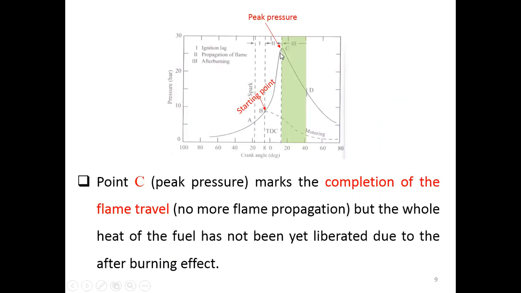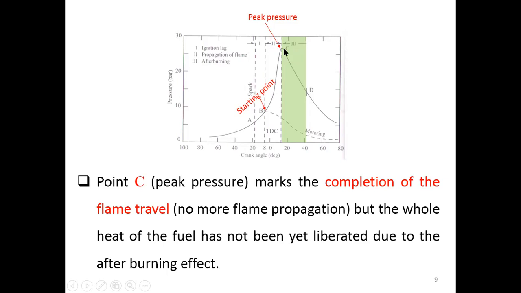The peak pressure here is the point that gives us the information that the flame travel is completed. No more flame propagation happens after this, right? So we can see that our flame propagation stops where the peak pressure is.